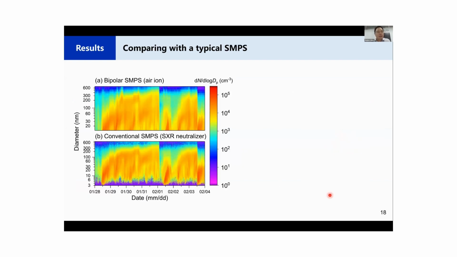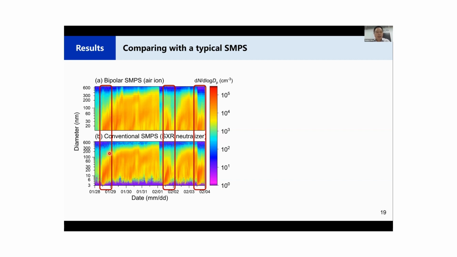So here are some results. On the top panel is the size distribution measured using natural ions, that is to say, without a conventional neutralizer. The bottom one is a conventional SMPS where we run a new soft X-ray source as a neutralizer. We can see that the system based on natural ions can help to capture the general distributions of the atmospheric aerosols.